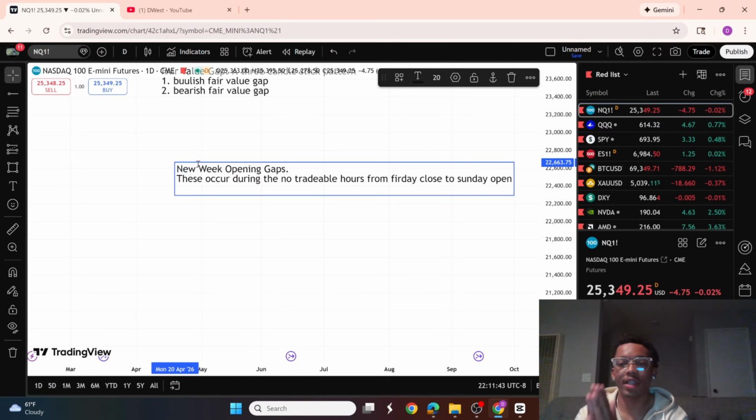Now, new week opening gaps are, I want to say they're as good as magnets as liquidity, but not. I would put liquidity as A plus, and I would put new week opening gaps at A minus.